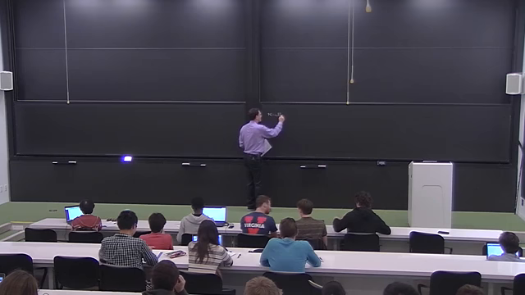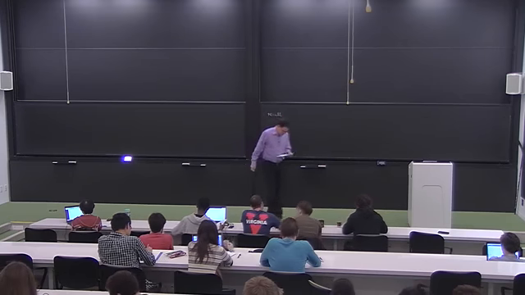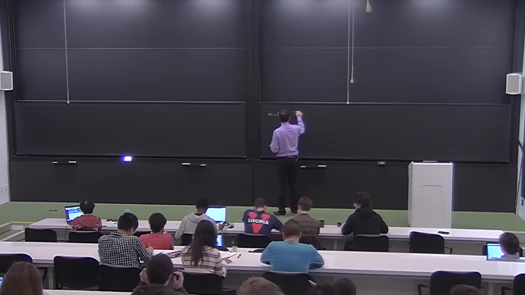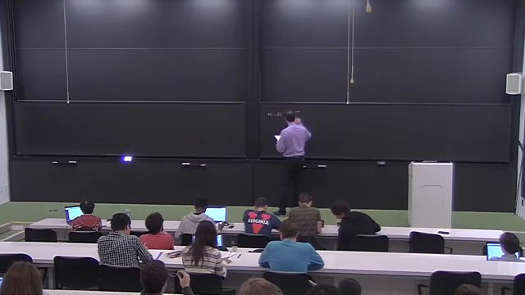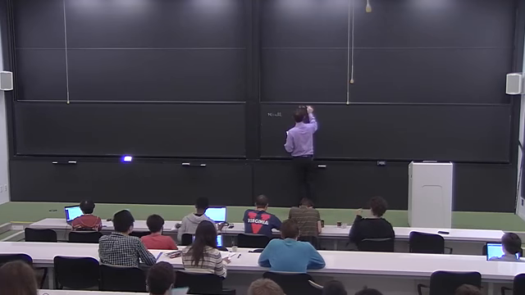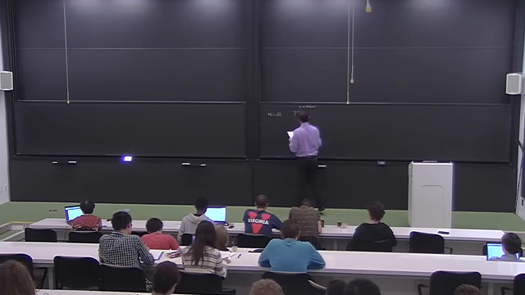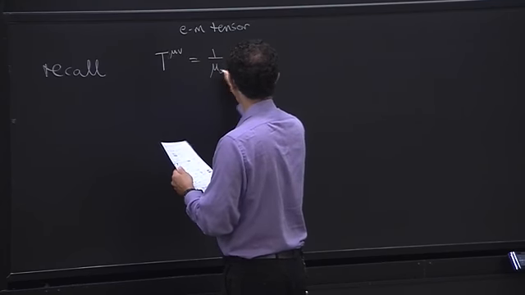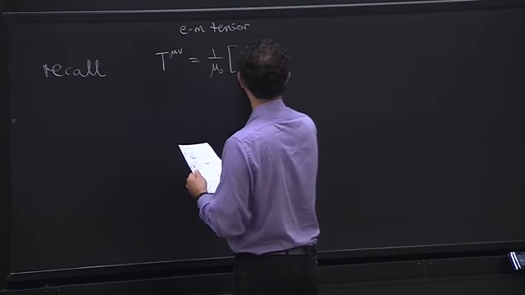So, recall from last time, we defined the energy momentum tensor for electromagnetism, T mu nu. It kind of came out of the blue, so let me say a few words about it.